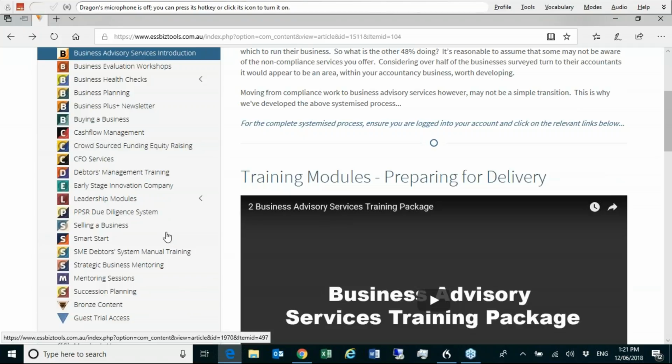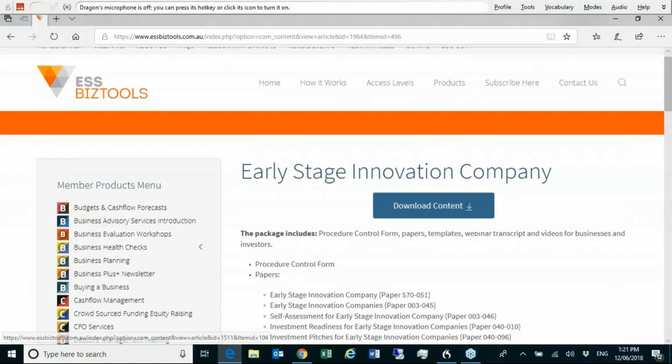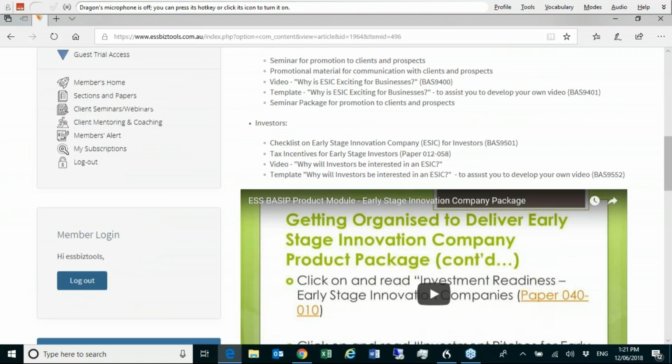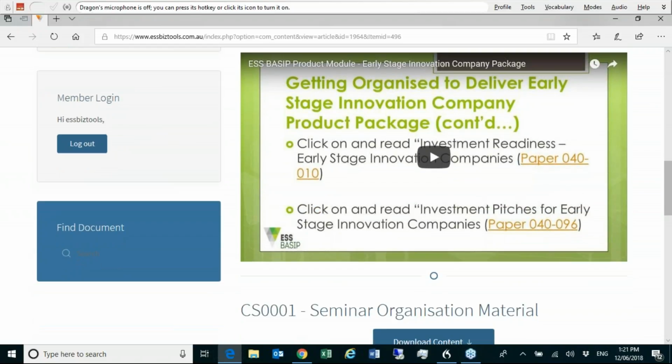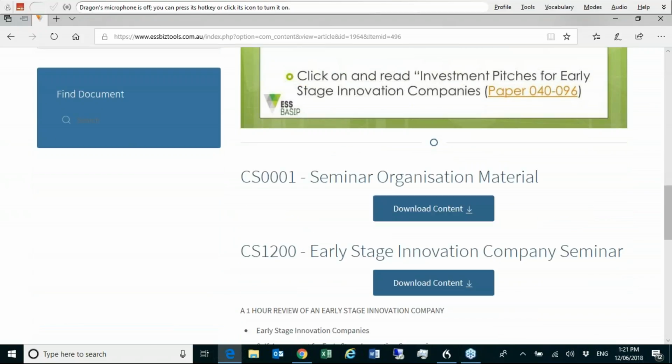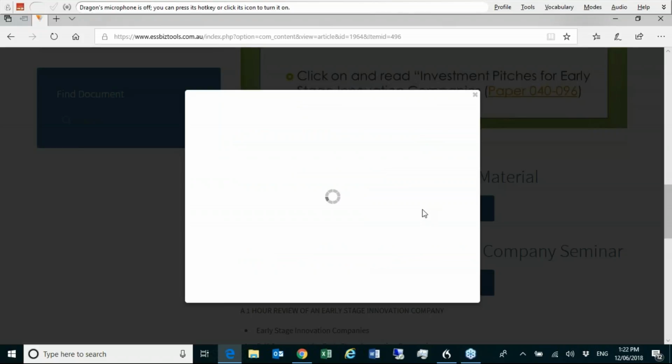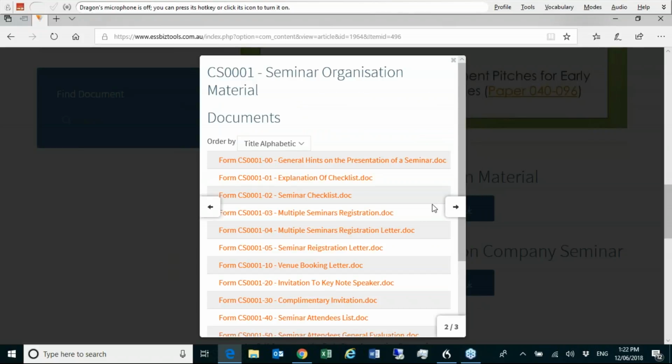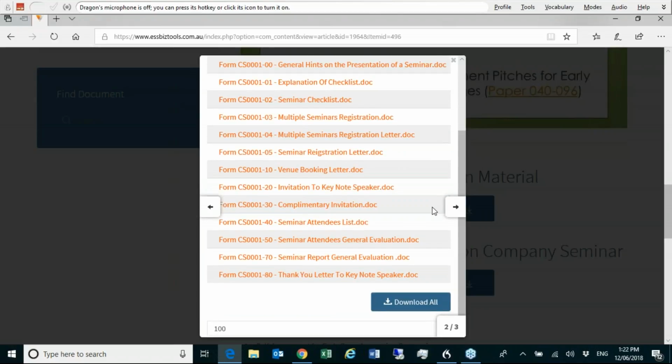The next area I want to talk to you about is early stage innovation companies. Obviously, Essex were the first of the new regime, so we have material to assist you to get a better understanding of how it all works.